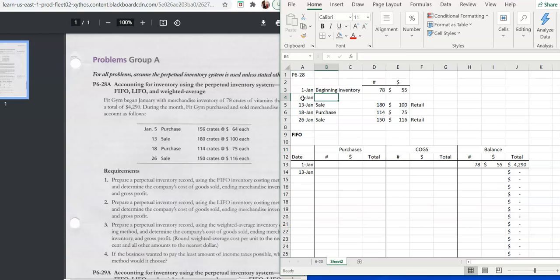January 5th, we had a purchase of 156 at 64. Okay. So 78, 156, 180, 114, and 150. Okay, I think it's right now.